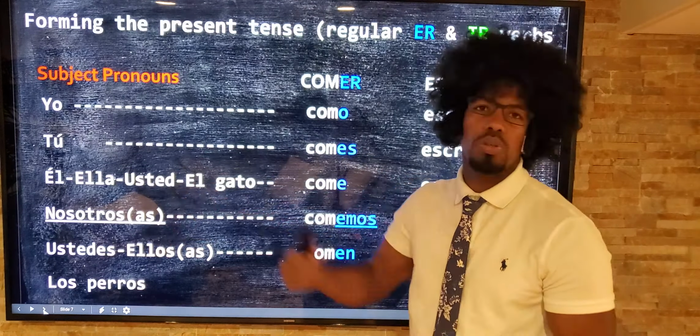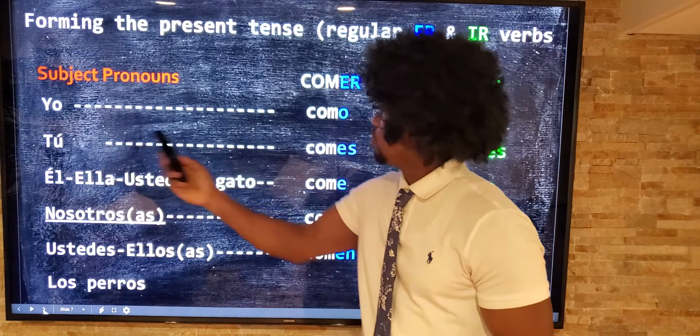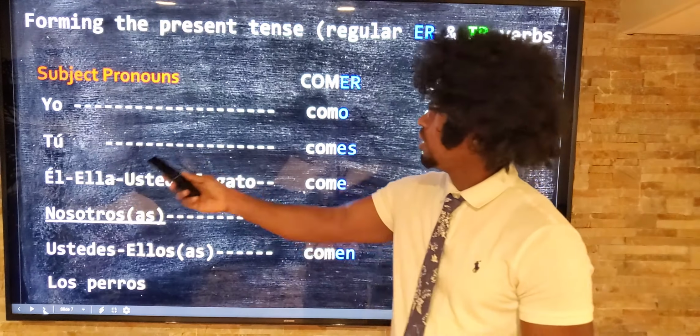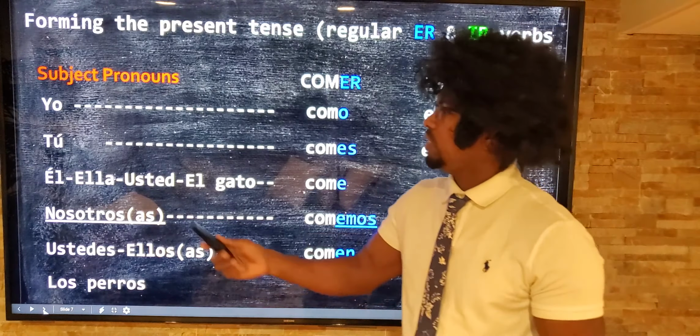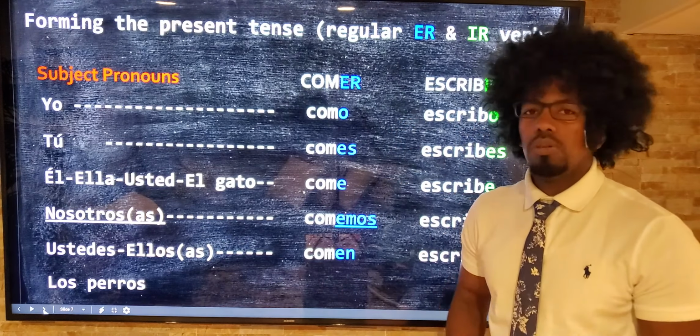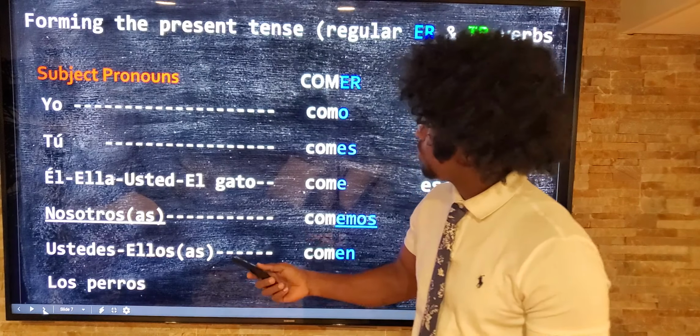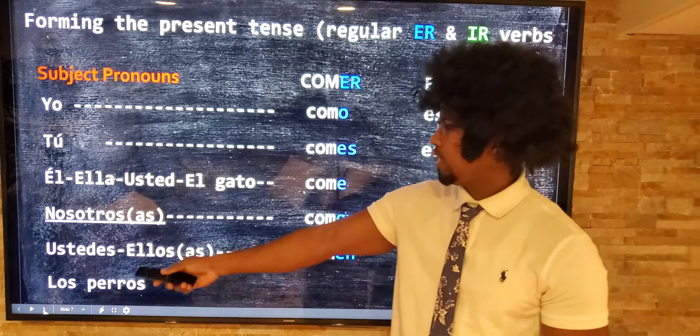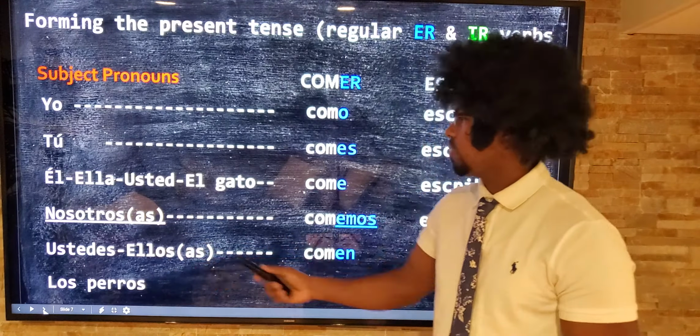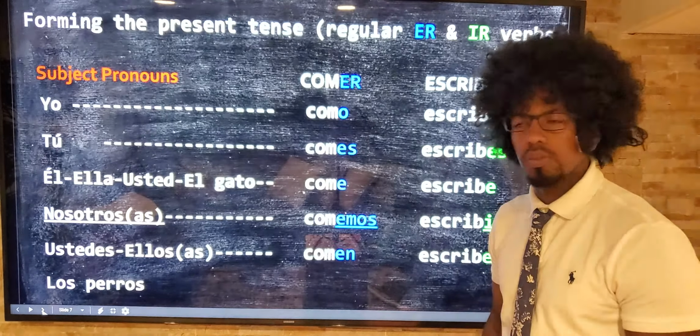For example, yo como, I eat. Tú comes, you eat. Él, ella, usted come, he or she or you, formal, eat. Nosotros comemos. Ustedes or ellos or ellas comen, you all, they eat. Okay?